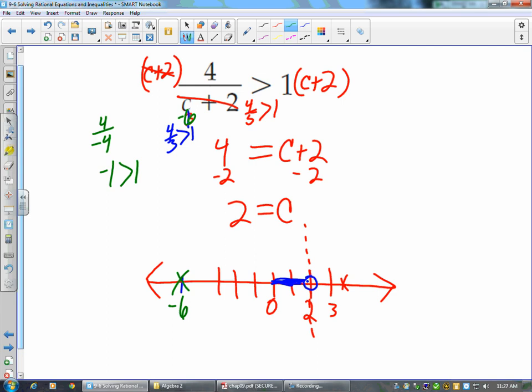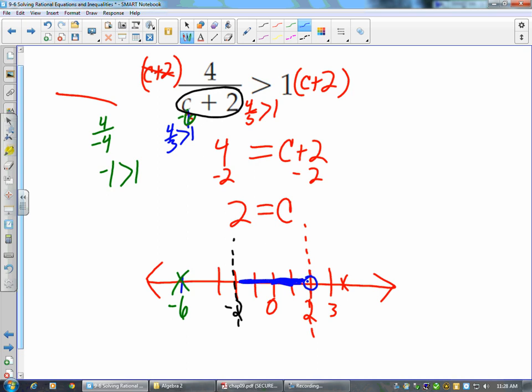So what happens is there's another dividing line somewhere, and it's pretty easy to pick out. It's looking at this bottom right here. Whatever number makes this a dividing by 0 is going to be a second division area. So c plus 2, the only number we can't put in there would be a -2. So if I go back here to -2, that's going to be my other dividing line.